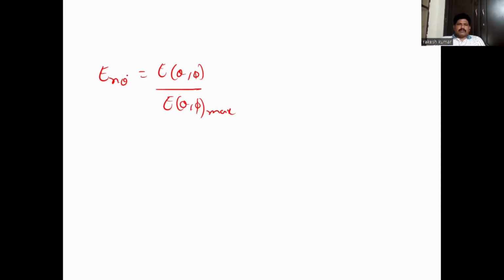This is called the normalized electric field.